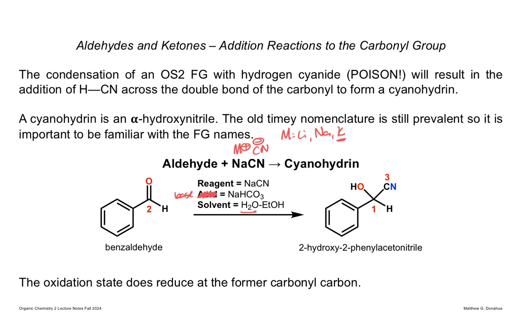We use water to solubilize the cyanide, ethanol to solubilize the aldehyde, so that's the biphasic mixture. And what you notice in the red numbers, your aldehyde at oxidation state 2 is actually reduced to oxidation state 1, and this was that cyanohydrin.